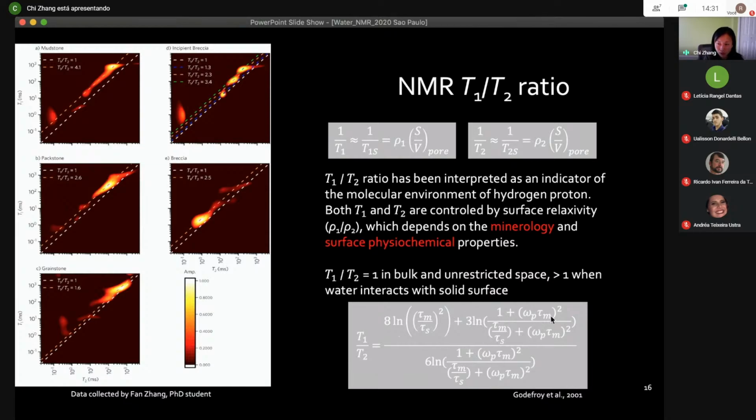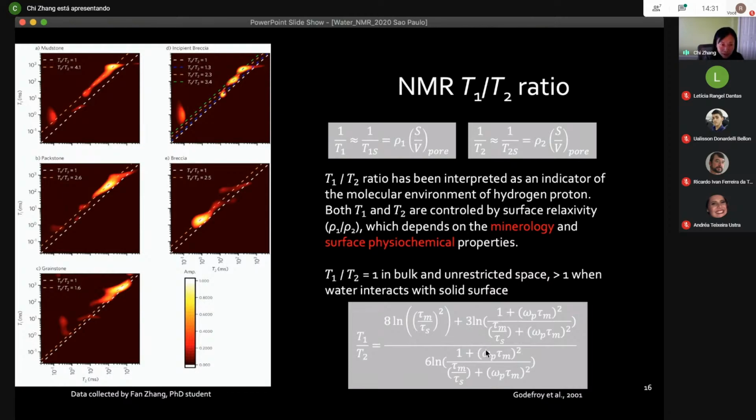You probably say there are a lot of parameters in this, but essentially the T1/T2 ratio really depends on two parameters, which are tau_m and tau_s. This tau_m is a surface diffusion correlation time that describes how long the molecules take to jump between the adsorbed molecules, for example, water molecules diffusing across the pore space.